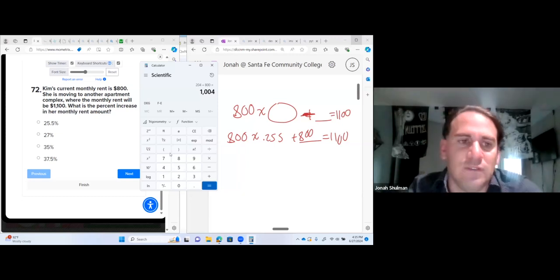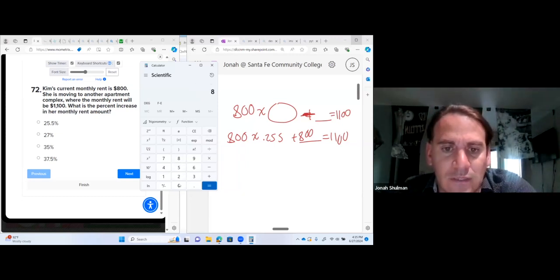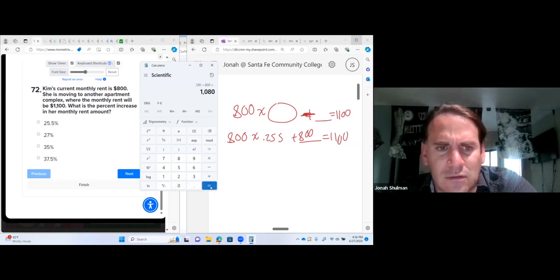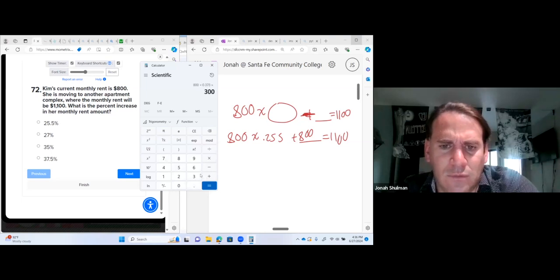So this is just using the choices. So 800, and then I'll show you the formula because I messed up the formula, times 0.35 plus 800 is 1080. Not quite, so try 37.5. 800 times 0.375 plus 800.